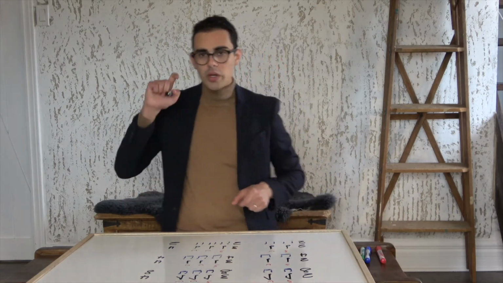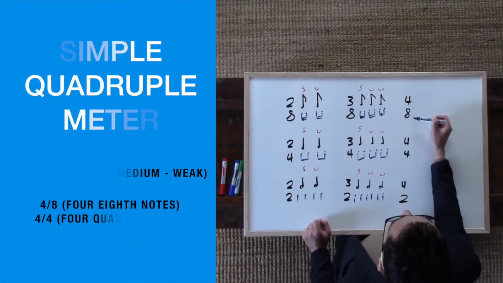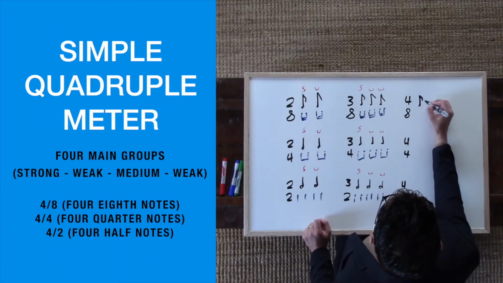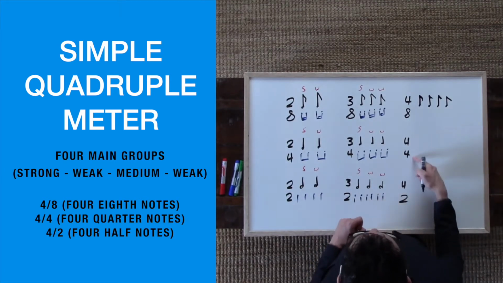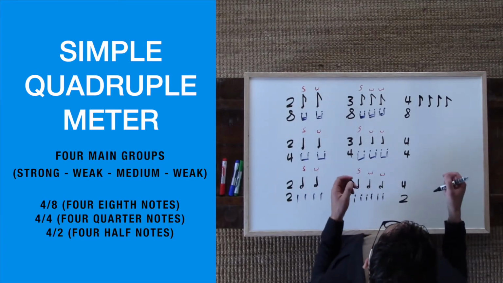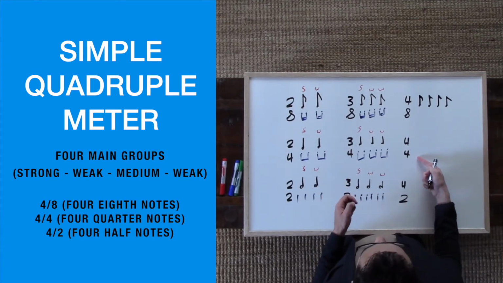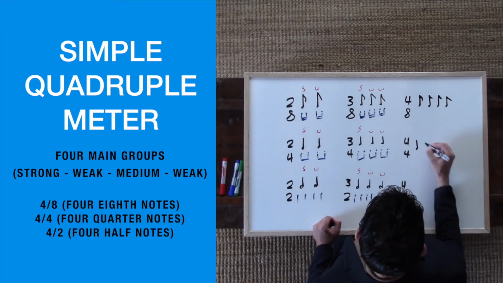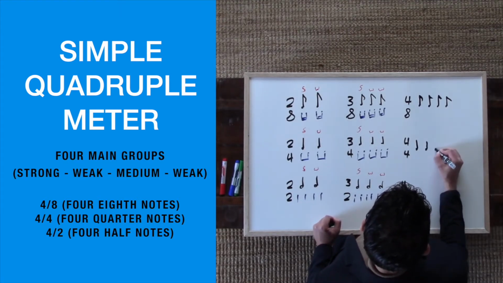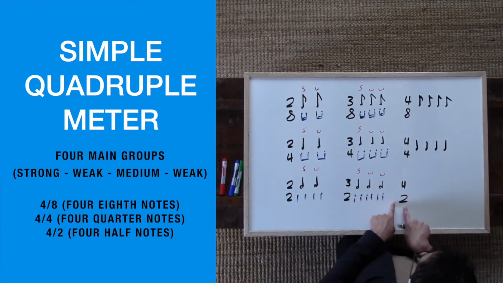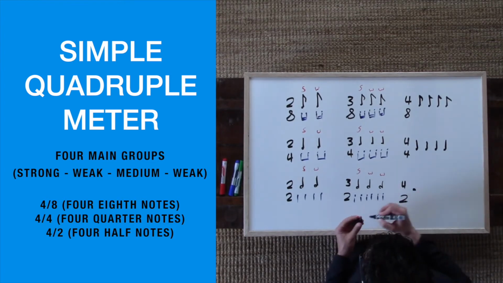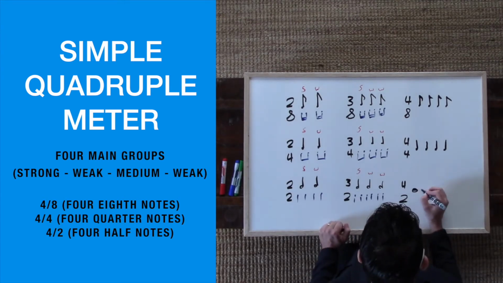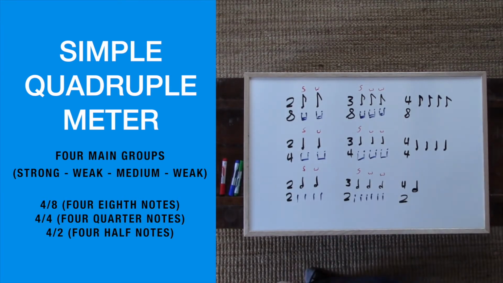So in the case of 4/8 time, there are 4 eighth notes in every measure. 1, 2, 3, 4. 4/4 time, there are 4 quarter notes in every measure. 1 quarter note, 2 quarter note, 3 quarter note, 4. 4/2, the 2 represents a half note, so there are 4 half notes in every bar. I messed up that half note.